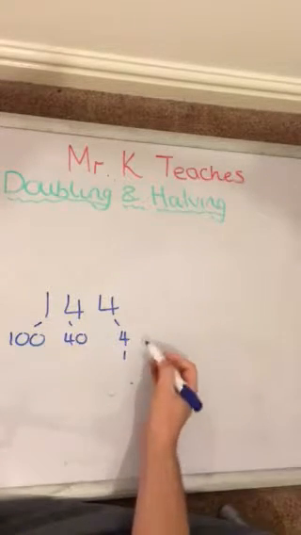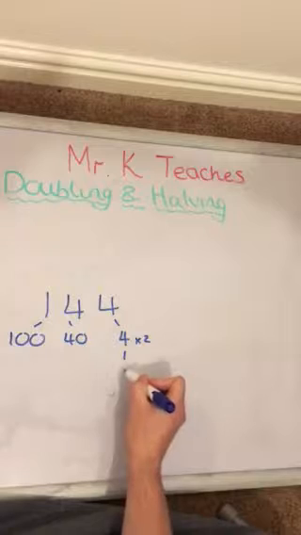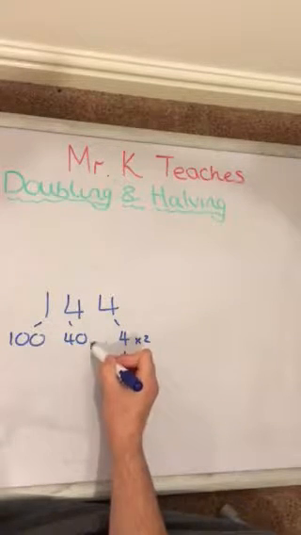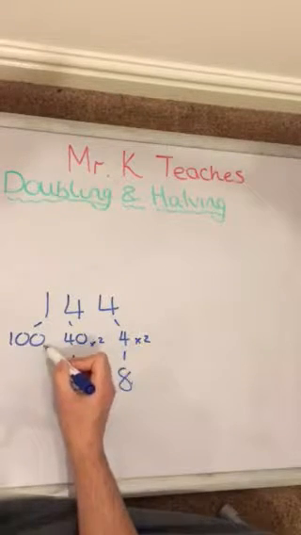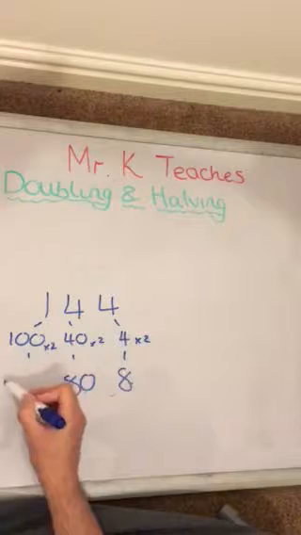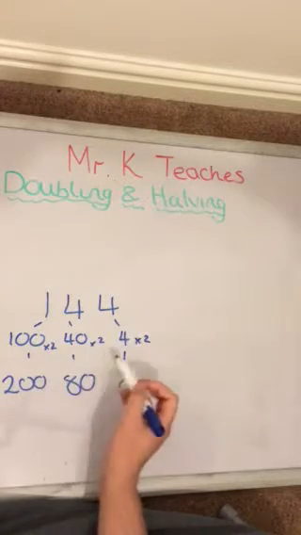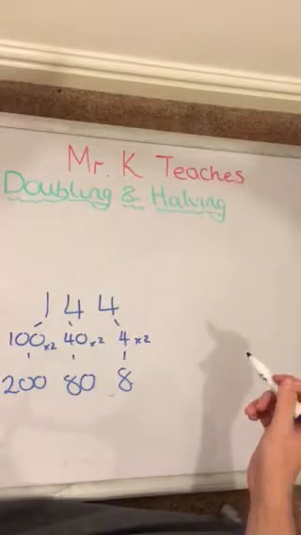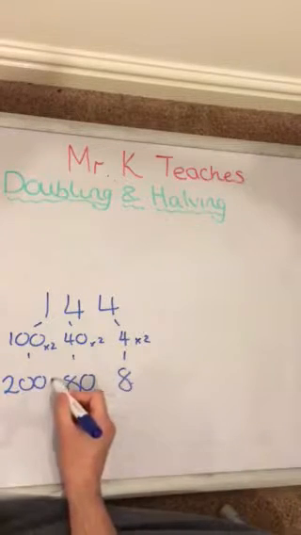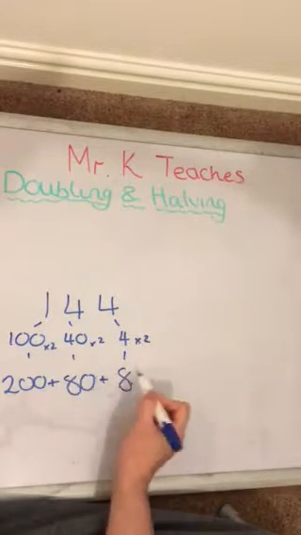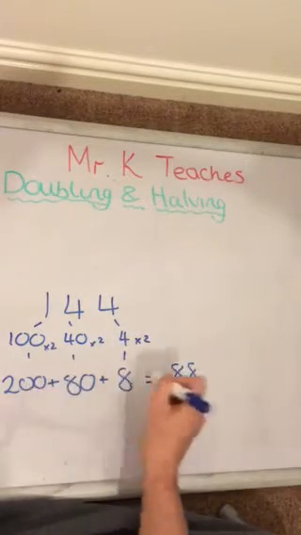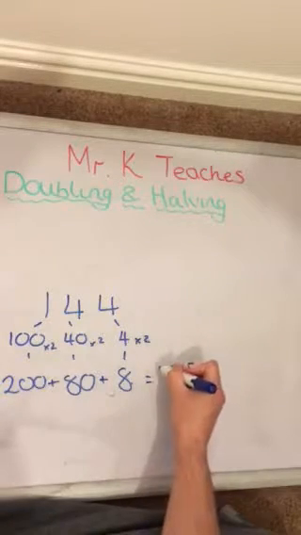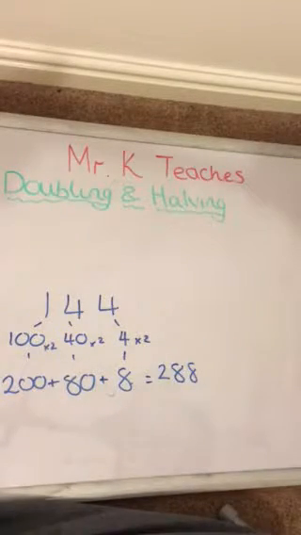So double 4, that's 4 times 2 is 8. 40 times 2 equals 80, and 100 times 2 equals 200. Right, so I'm obviously not just left with a 280 and an 8. I have to add all of those together. So 80 plus 8 equals 88, and 200 plus 88 equals 288. Easy peasy.